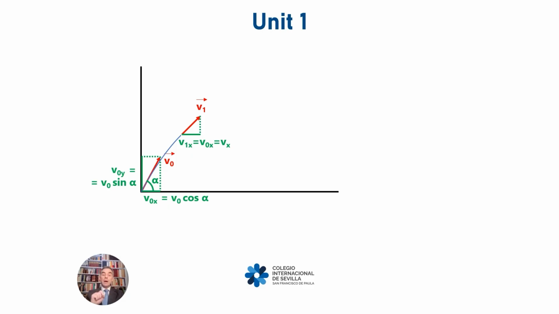When we now draw the dotted line from the end of the arrow upon the y-axis, we will obtain the vertical component of V1, and we will call that V1y, which is shorter than V0y, because as we go up and gravity pulls down, it is stopping the water jet in the vertical axis.